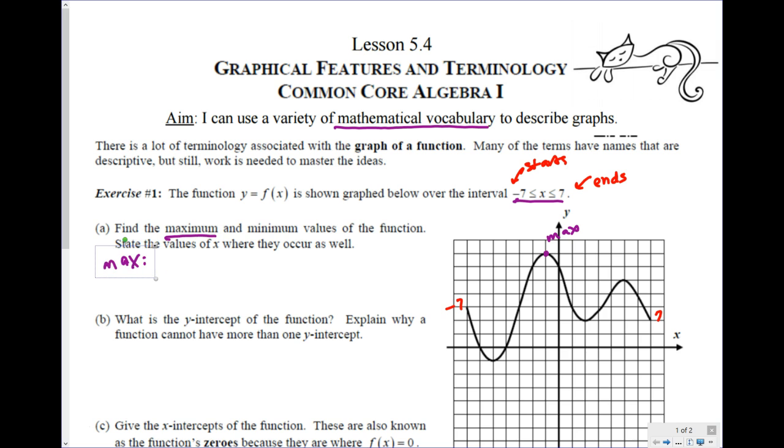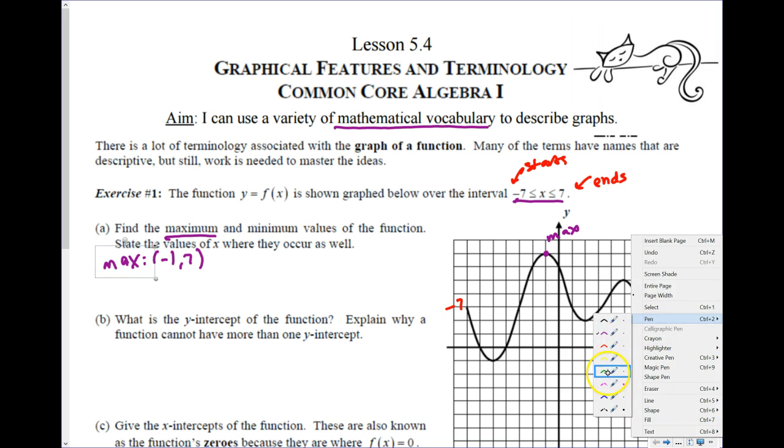I can write it as a coordinate. 1, 2, 3, 4, 5, 6, 7. So the point is -1, 7. So that's my maximum.